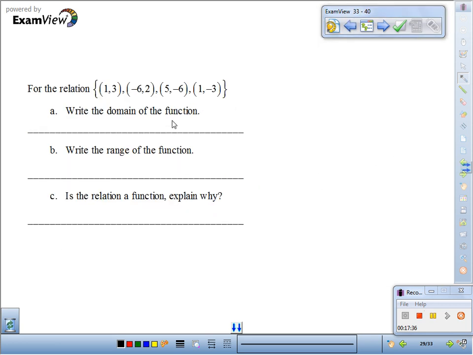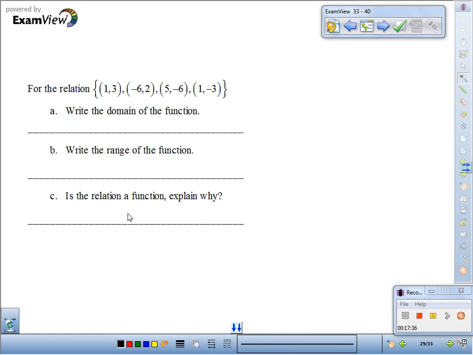It says, look up, please. For the relation (1, 3), (-6, 2), (5, -6), and (1, -3), write the domain. What does domain mean, Nate? All what? That is correct.